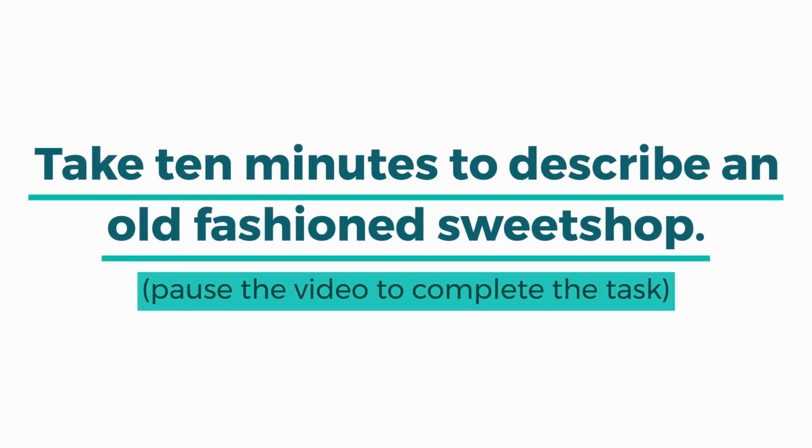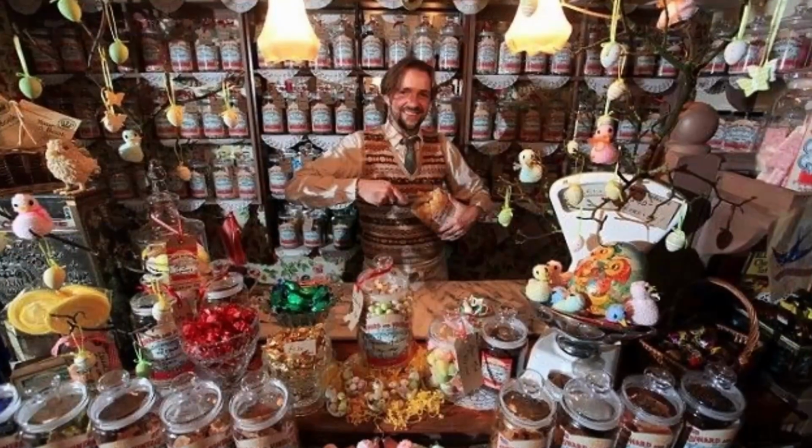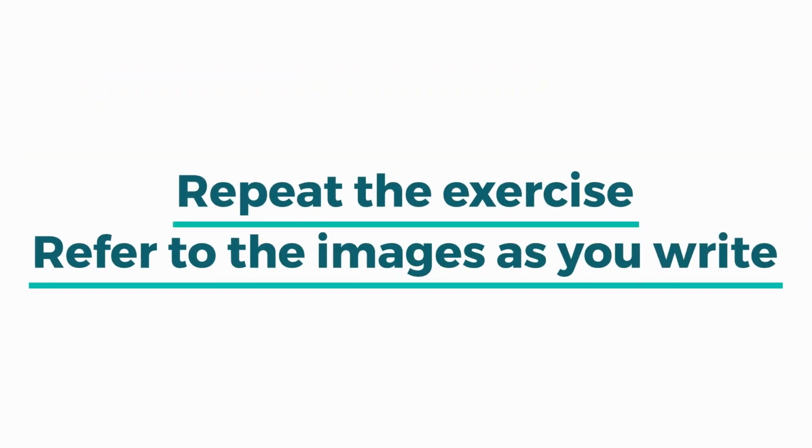Take 10 minutes now to write as detailed a description as you can. Please do pause the video to complete this task. Done? Now take your time to look at the following pictures. Again, feel free to pause the video. Now, repeat the exercise and see how much richer your description is.